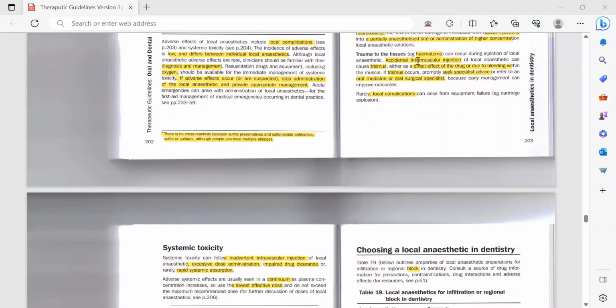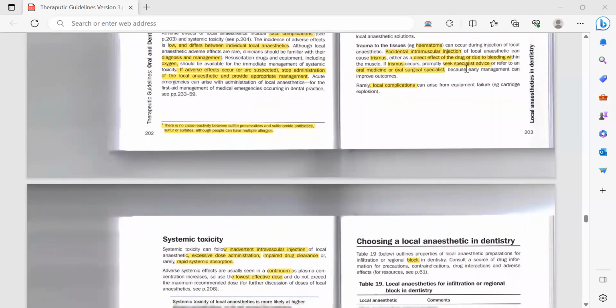Then trauma. So trauma would be hematoma. So if during injecting you have caused any trauma, or accidental intramuscular injection, because there are muscles of mastication which are lying there. Okay, so if you have accidentally injected in one of them or adjacent to that, then that could lead to trismus, either as a direct effect of the drug or due to the bleeding within the muscle.